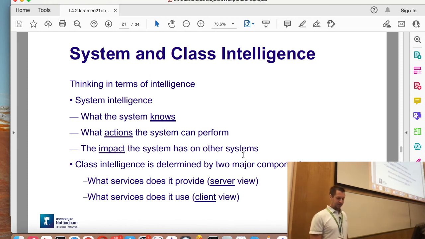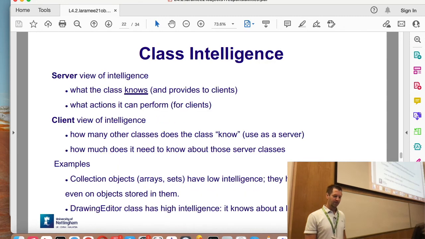Class intelligence is determined by two major components: what service it provides and what services it uses or needs. So it's collaborations. And I know Pierre also talked about this already. Certainly you've seen these ideas already.